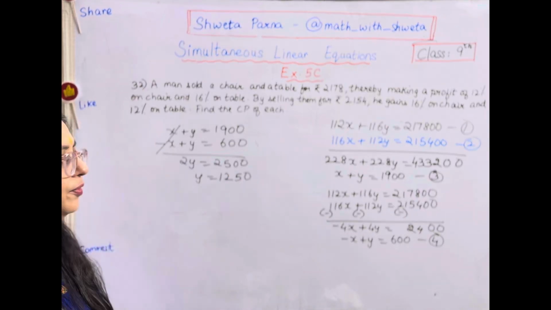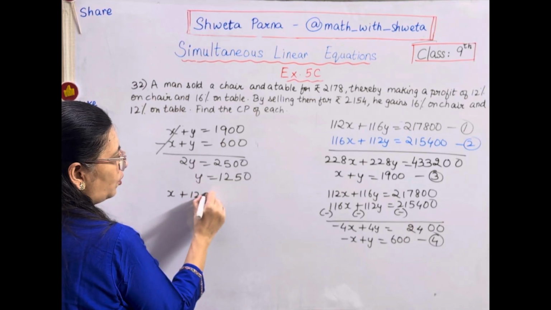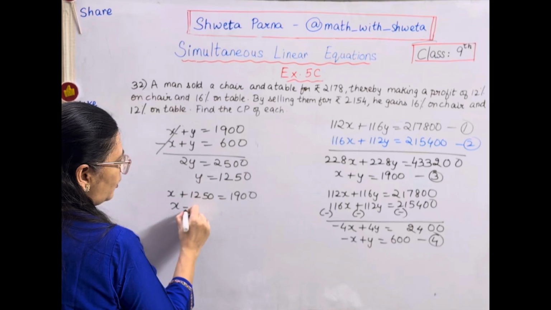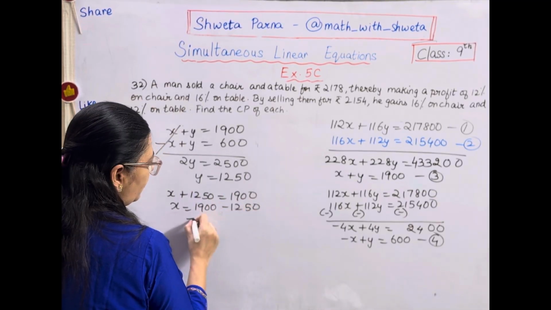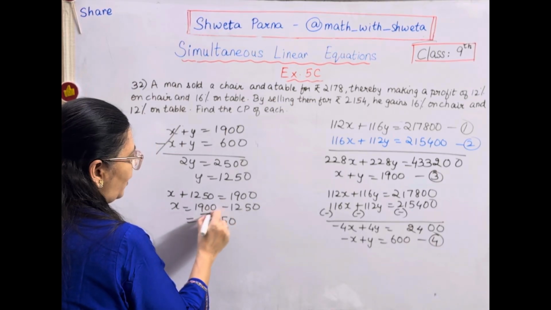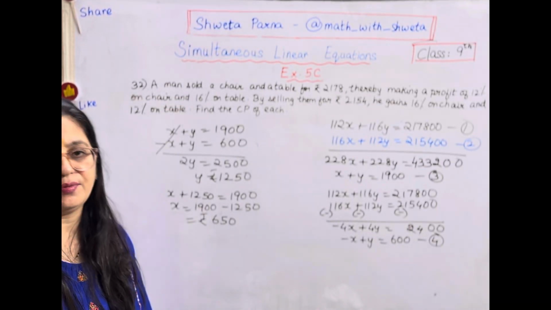This is the value of y. Same way, find the value of x. x plus 1250 is equal to 1900. So x is equal to 1900 minus 1250, which is 650. So this is the value. Cost price of chair is 650 and table is 1250.